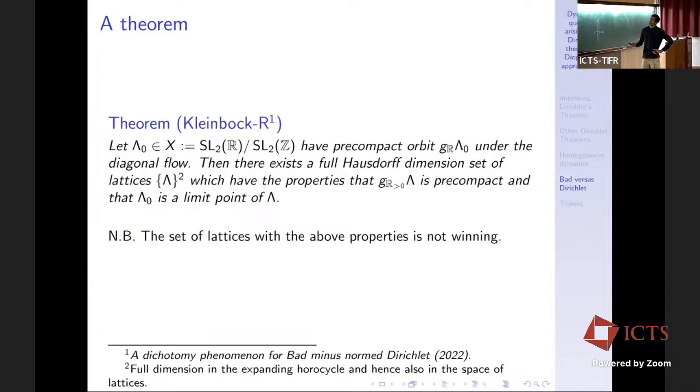We construct a full dimension set on the expanding horocycle at Z2, but that doesn't matter, since that implies a full dimension set in X. And this set of lattices has the property that the forward orbit is precompact and lambda naught is a limit point of lambda. Okay, and if you look at this set, it does not have the winning property. Unfortunate or not, I don't know. It just does not.